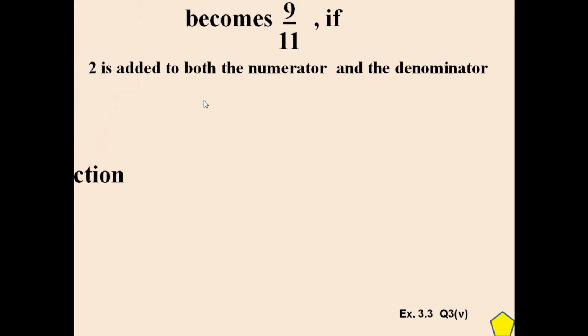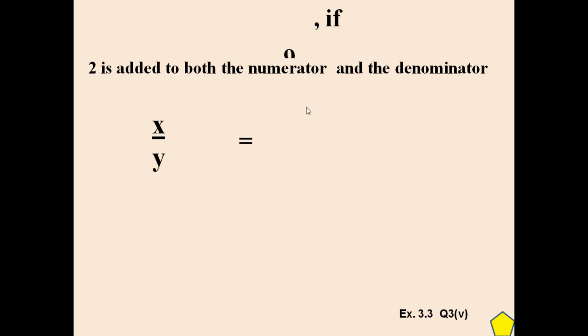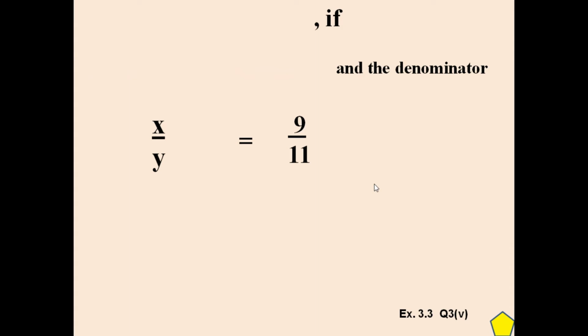So this fraction we are assuming as x upon y can be translated as equal to, and whatever comes after is after the equal to. There is an if condition to this statement: if 2 is added to both the numerator and the denominator. So the 2 is added to the numerator as well as the denominator.